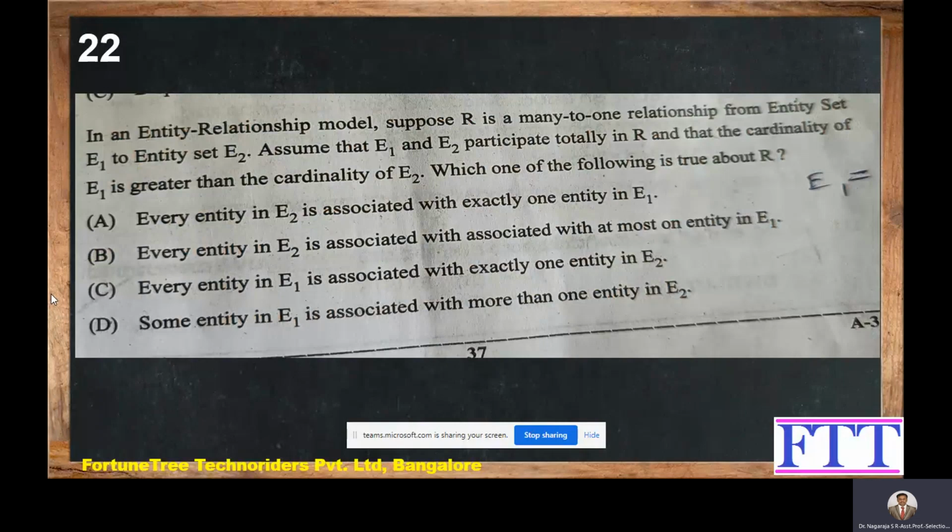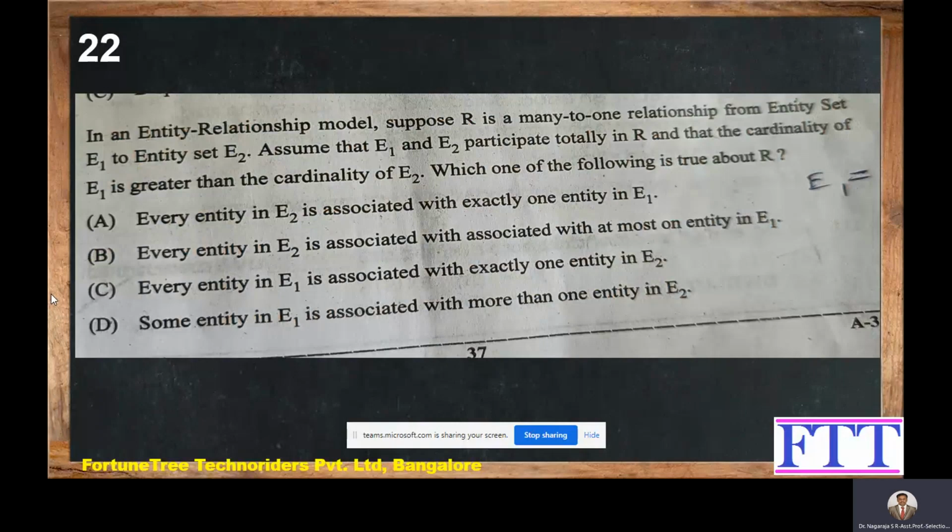Option B, every entity in E2 is associated with at most one entity in E1. Option C, every entity in E1 is associated with exactly one entity in E2.